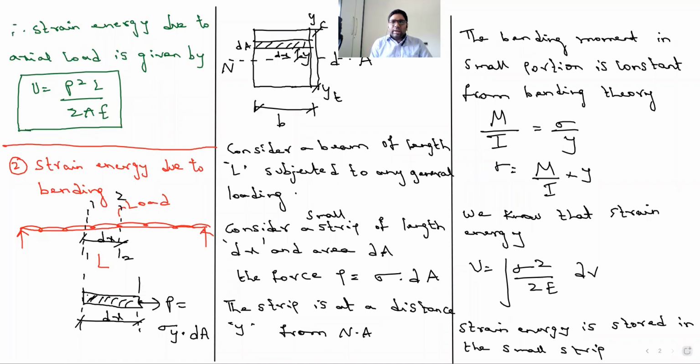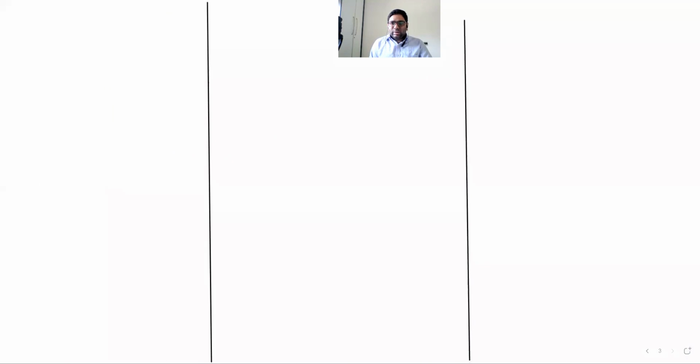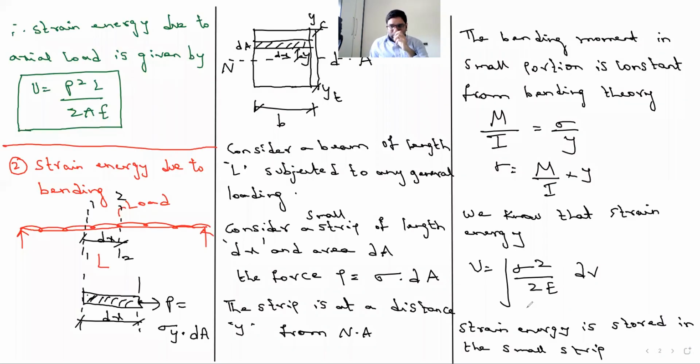So for that, let us calculate how much amount of strain energy is stored in the small strip. Let us take a small u for a small strip of area dA.